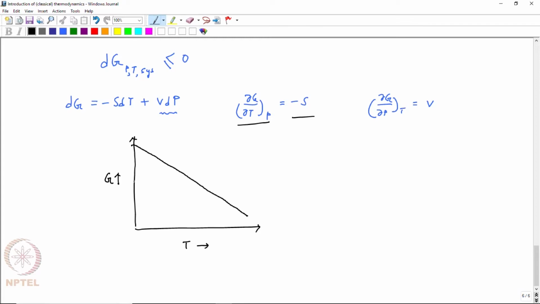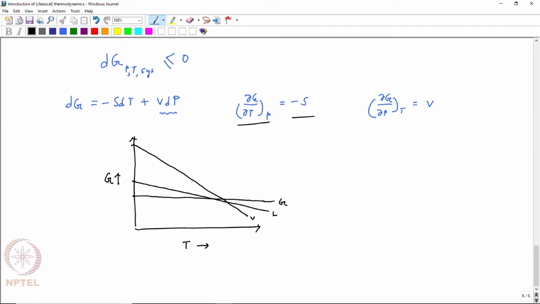For liquids the slope will be less, because the entropy of liquid is less than the gas, so it will be something like this, and for solids it will be even less, and the change will also be at a much smaller rate. So we'll have a typical curve like this, where this is for the vapor phase, this is for the liquid phase, and this is for the solid phase.